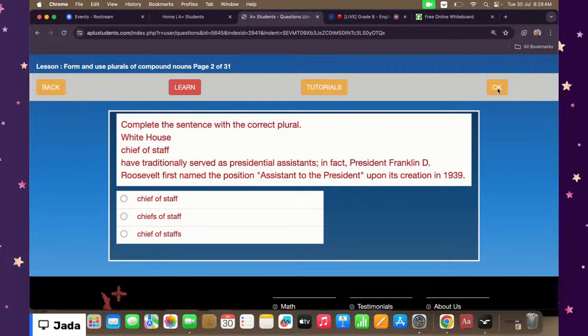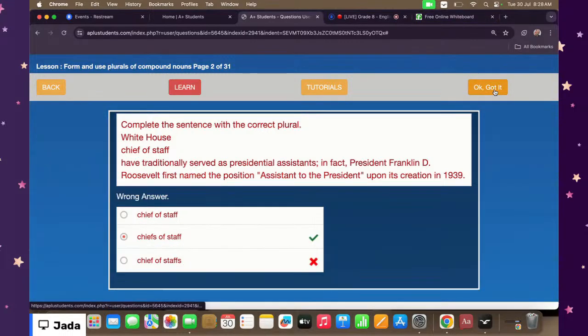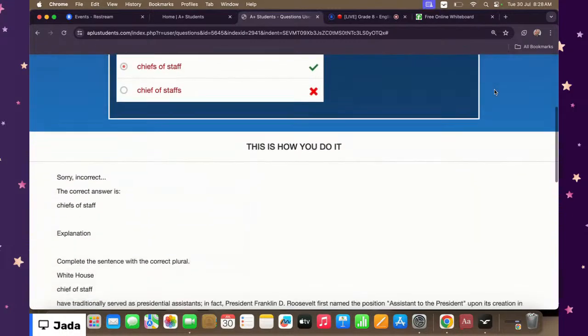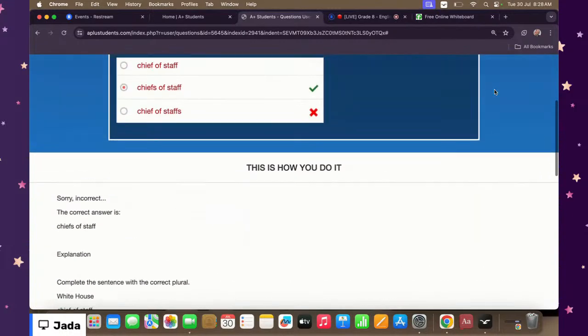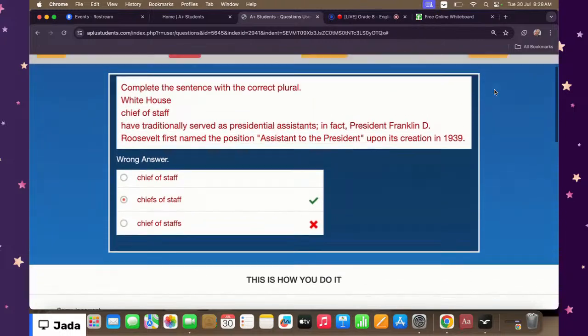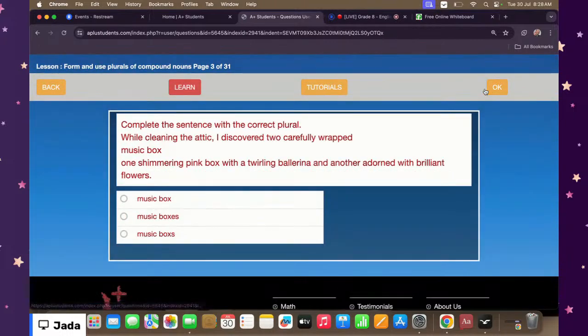Chief of staff. Make it plural. So take note that's the last one that you make plural. Yes, like that. So if you click on something that is wrong, try to scroll down and make the correction and watch that. Just read it also and try to understand why it's wrong.